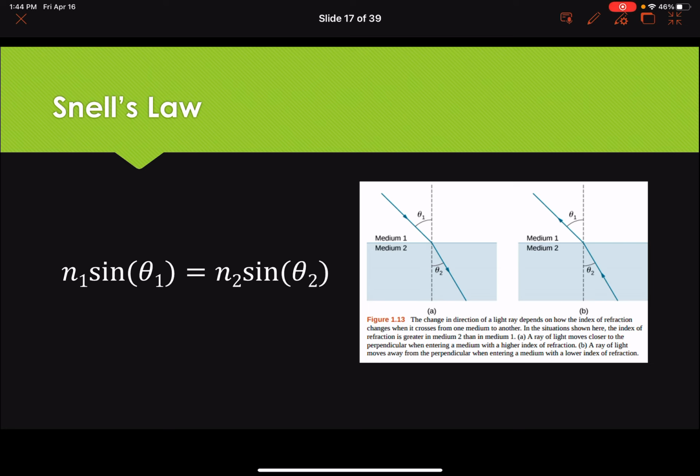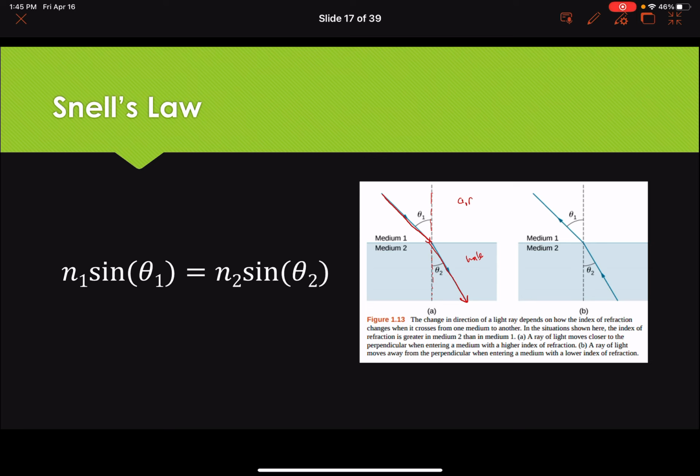And if we look at this image, we can see that as light's coming into a thicker medium, if medium 1 is air and this is our water, we're entering a thicker medium, light ends up bending towards the perpendicular. We have this perpendicular line here. We're going to call it the normal.